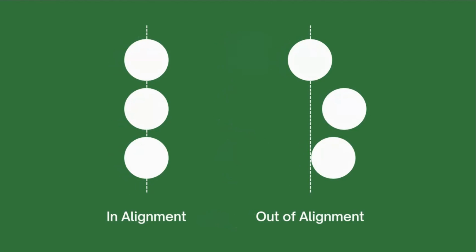So what does that mean? It means that your elements are lined up in a certain way, that it follows a certain path, a straight path at that. And it's also organized in a way that it doesn't look cluttered or too messy or just placed in random. With that said, we now look to the right side wherein our elements are out of alignment.